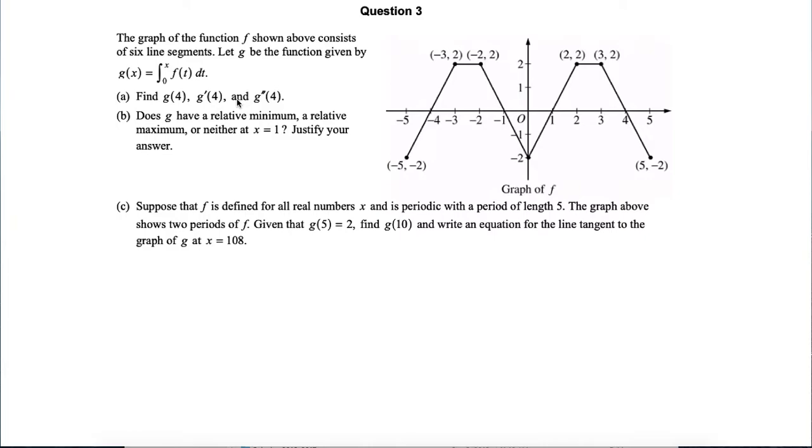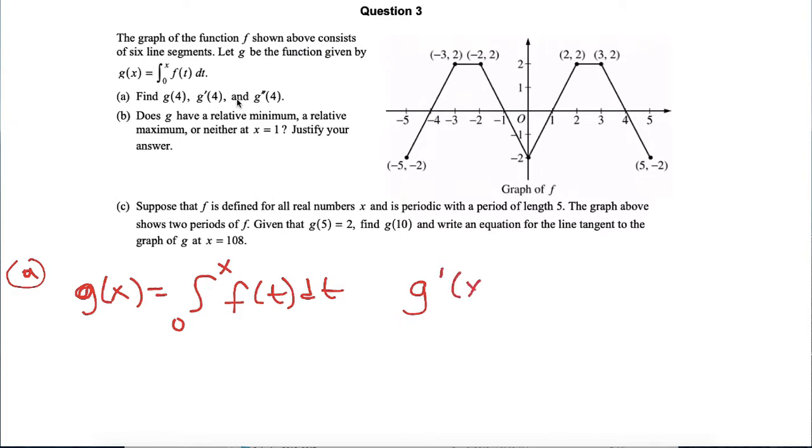So know that one of the important things to know on this is that if g of x is equal to the integral from 0 to x of f of t dt, then g prime of x, if we differentiate the left side, would just equal f of x. And if we take the second derivative of g, we will get f prime of x.